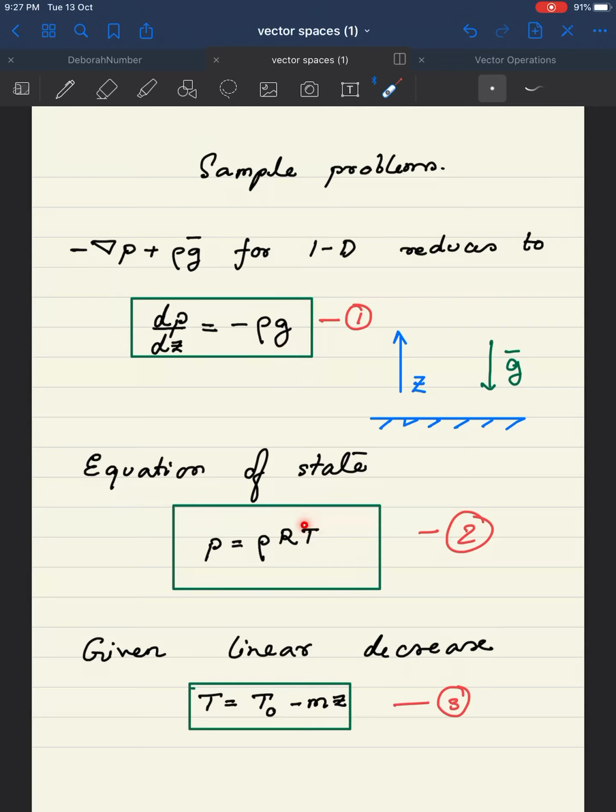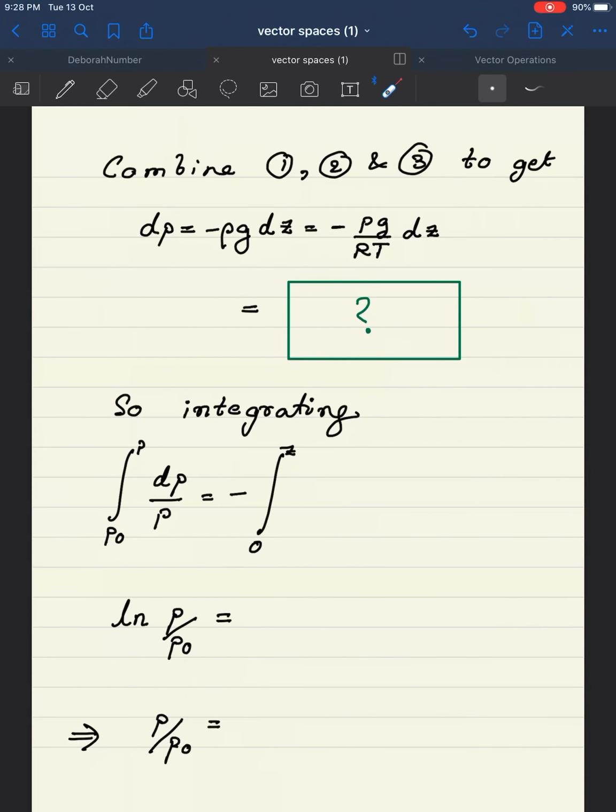Then you will also have a temperature T, for which you can use this particular expression. You can plug this expression for T into 2, get an expression for rho in terms of the other variables and plug that back into equation 1, where you will end up with a nice differential equation.